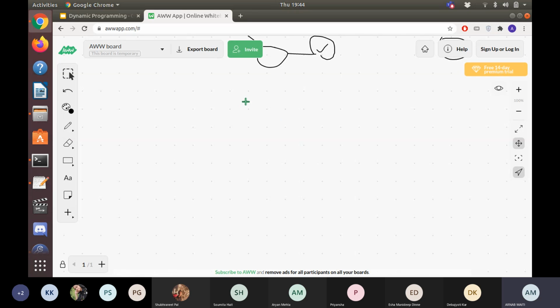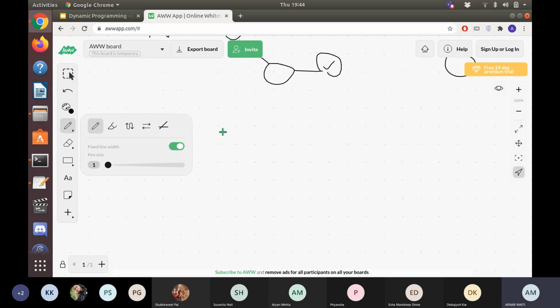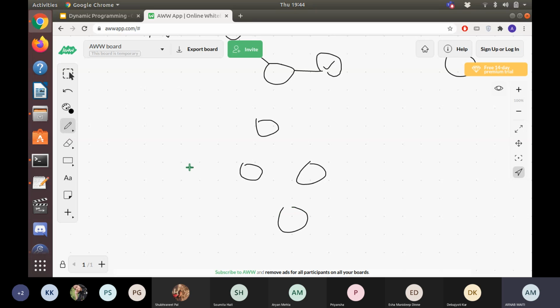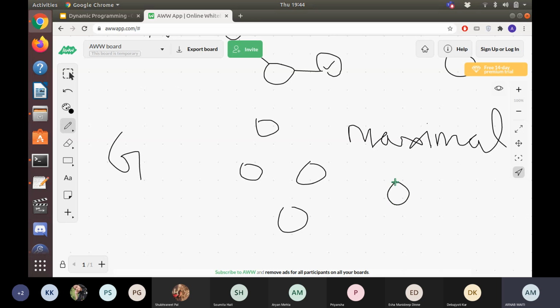So basically, an independent set is a set of vertices which don't have an edge between them in the graph G. So if you have a graph G, then an independent set is a set of vertices which don't have an edge between them. And an independent set is said to be maximal if we can't add a vertex to it and create a larger independent set.